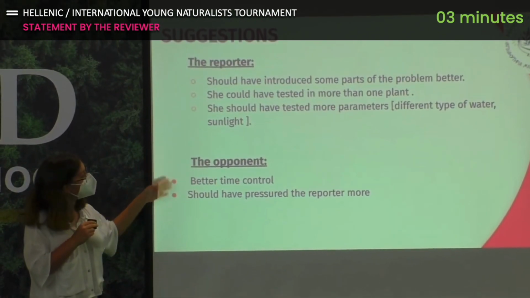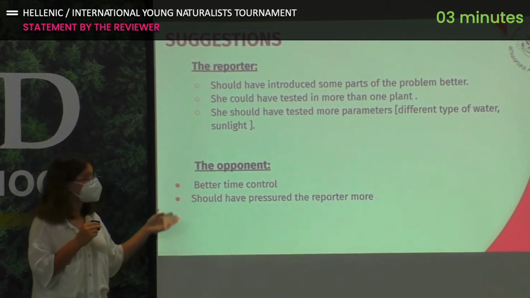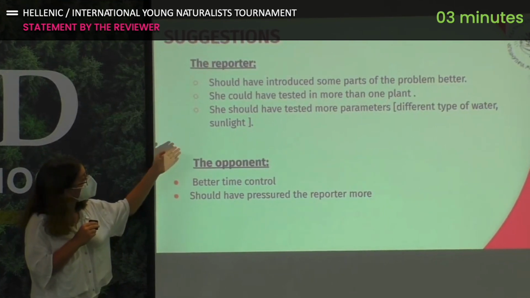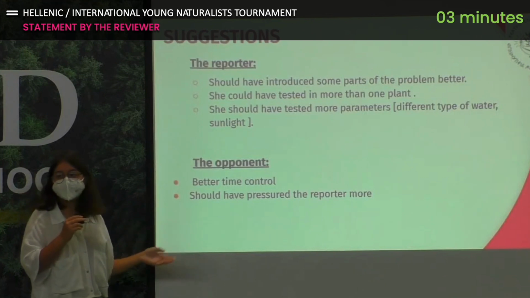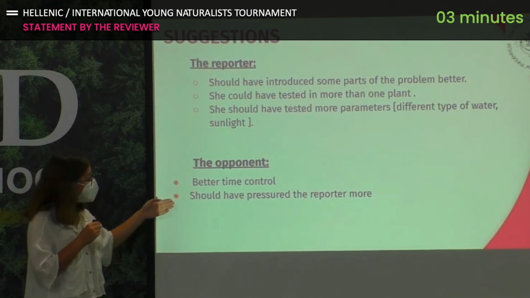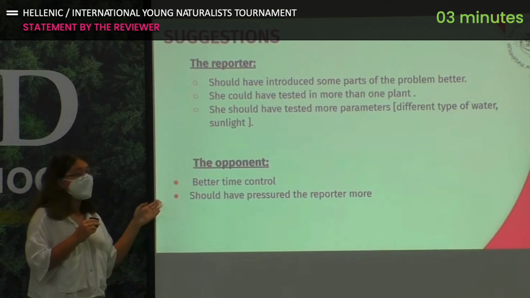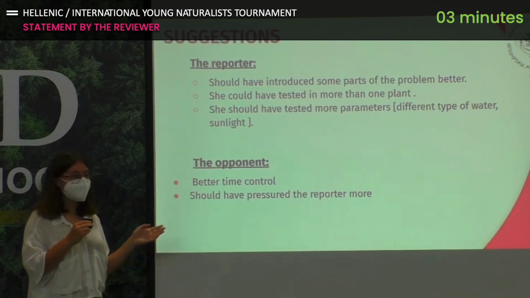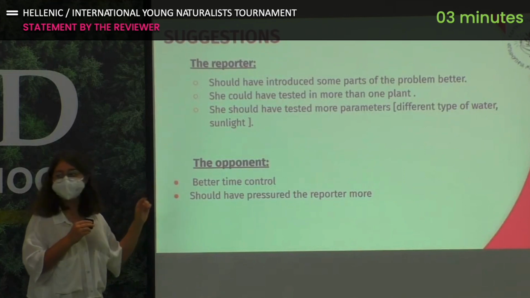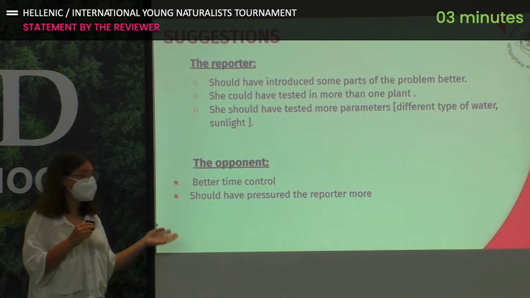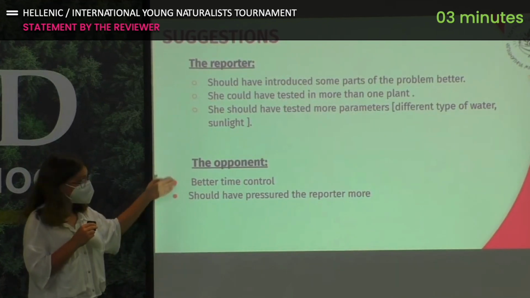She could have tested more than one plant, as I already said, and parameters such as the different type of water and sunlight, which were already covered in the discussion. The opponent should have better time control. I feel like there were many minutes left, and he should have pressured the reporter a little bit more to make the discussion more interesting.